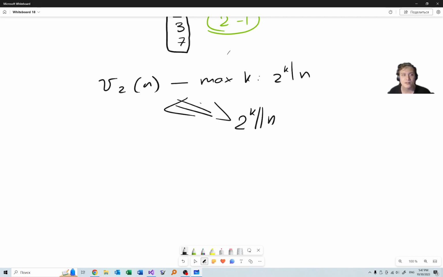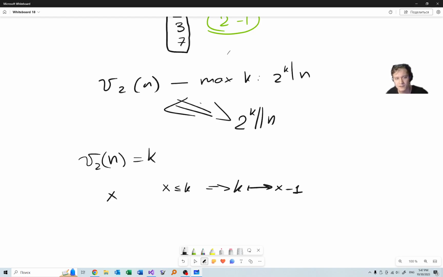In this case, after each operation, if v2 of n equals k and we have an operation with some number x, then if x is at most k, k changes to x minus 1. And if x is greater than k, then k does not change.